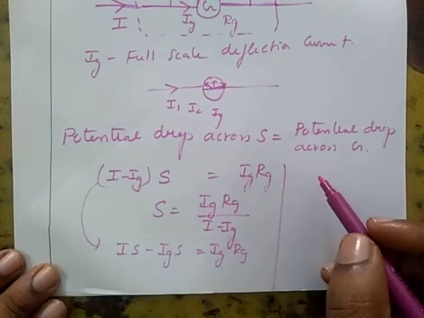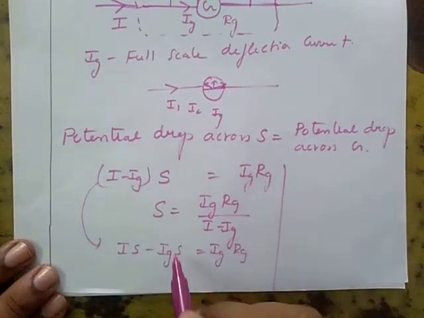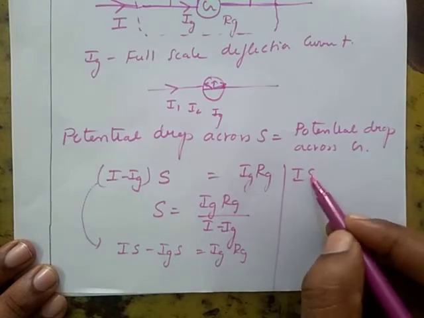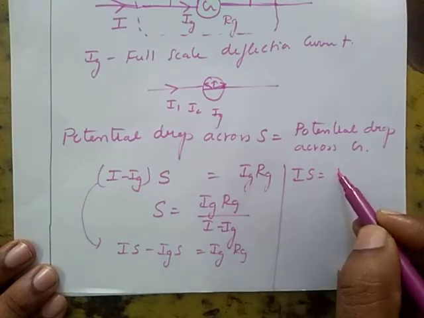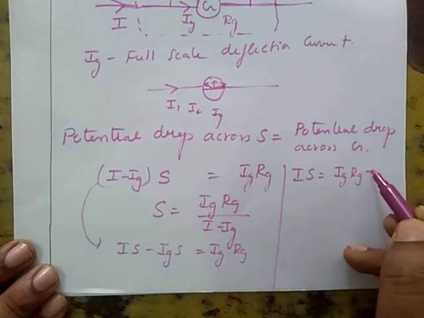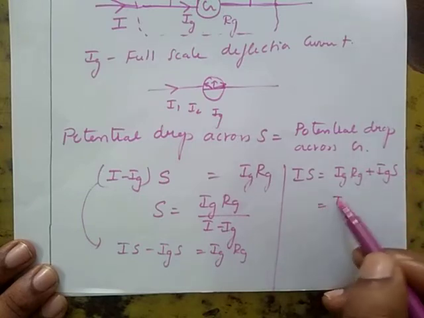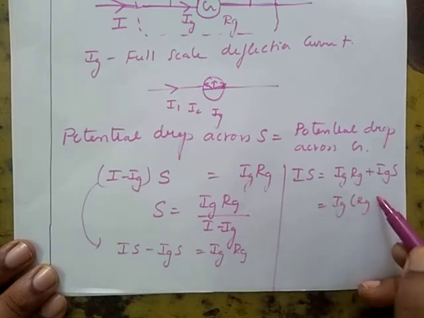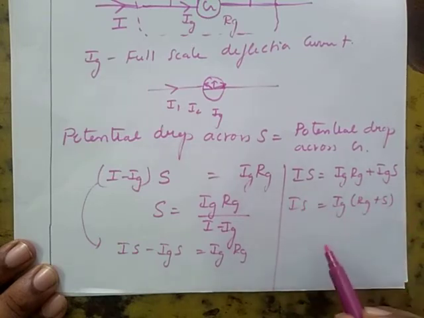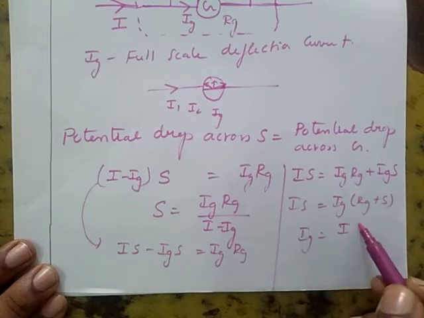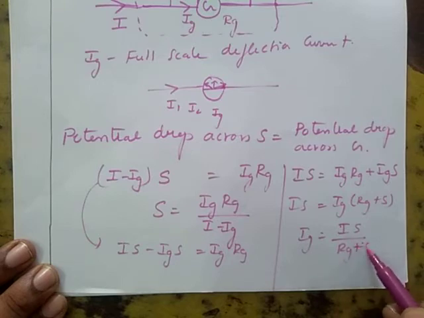Then take this Igs to the right side, we get Is is equal to Ig Rg plus Igs. Then Ig can be written as Is by Rg plus S.